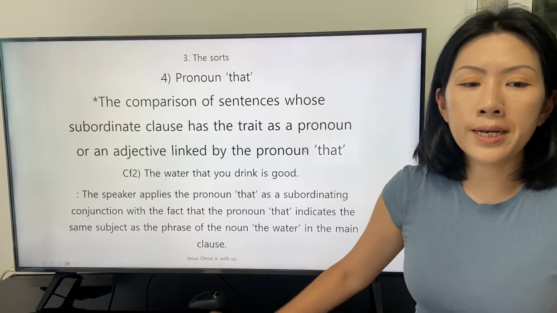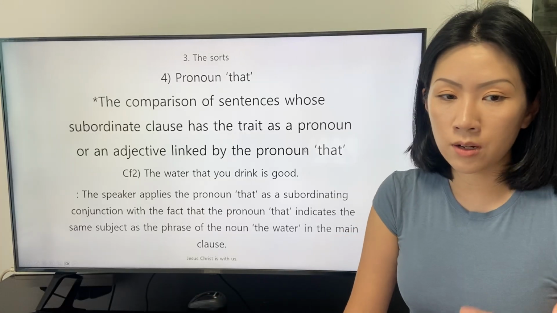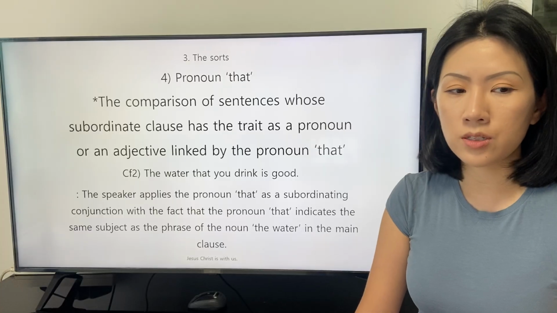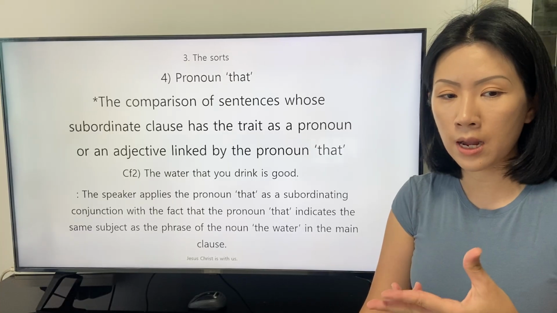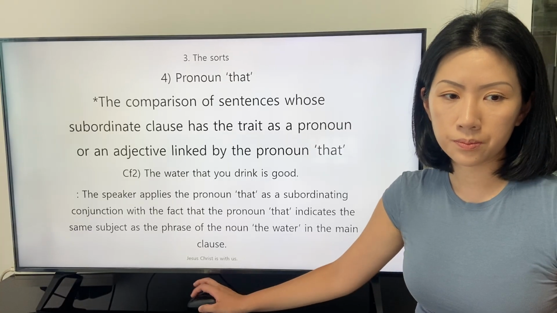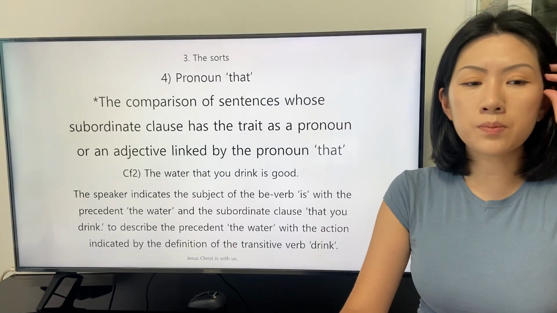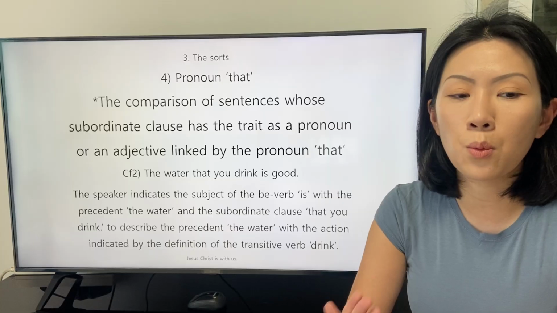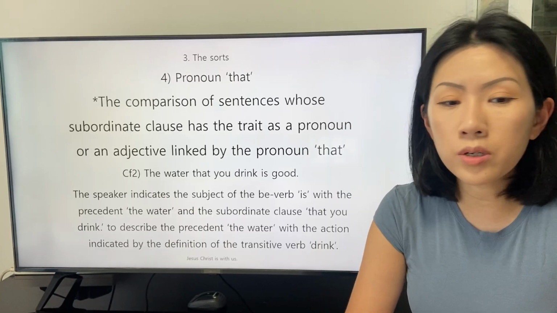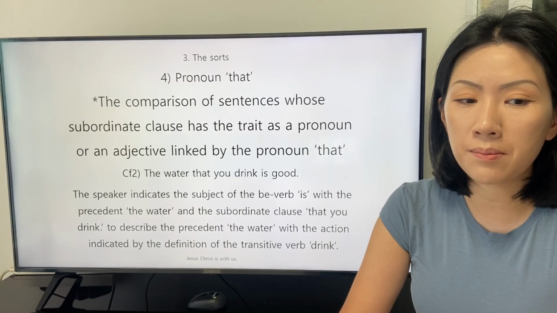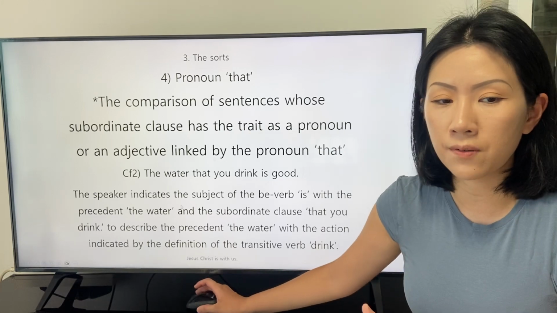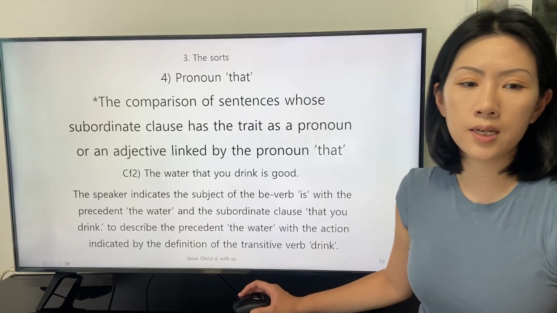The speaker applies the pronoun that as a subordinating conjunction, with the fact that the pronoun that indicates the same subject as the phrase of the noun, the water, in the main clause. The speaker indicates the subject of the be verb is with the precedent, the water, and the subordinate clause that you drink describes the precedent, the water, with the action indicated by the definition of the transitive verb drink.